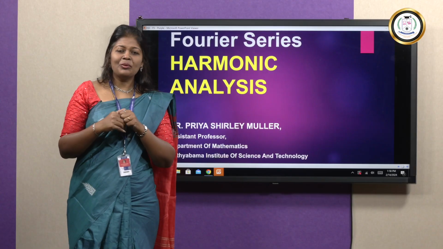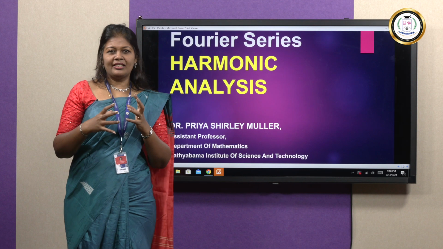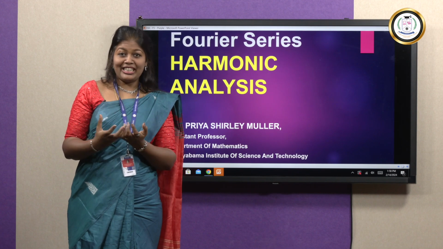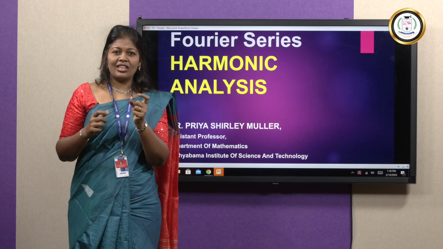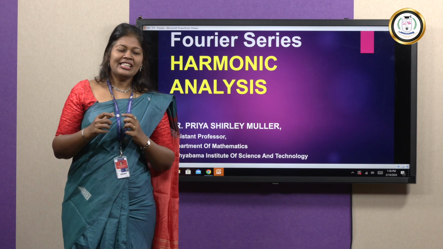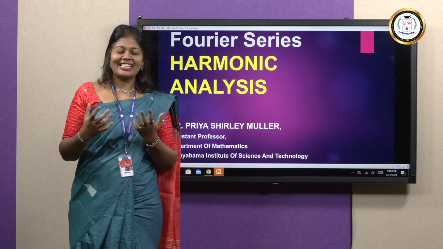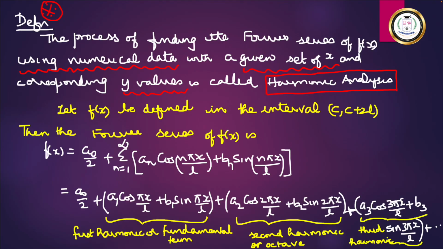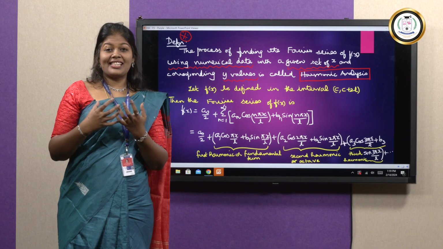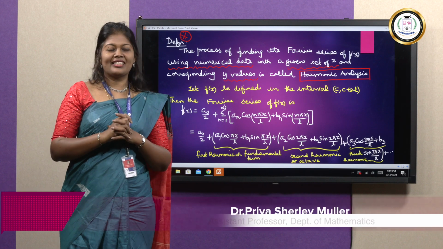Harmonic analysis is a very important terminology in Fourier series. In fact, every term in the Fourier series is called a harmonic. Before we get into problems, let us see the definition. The process of finding the Fourier series of a function using a set of x and y values, a set of data, is called harmonic analysis.